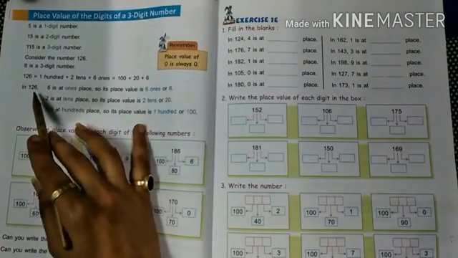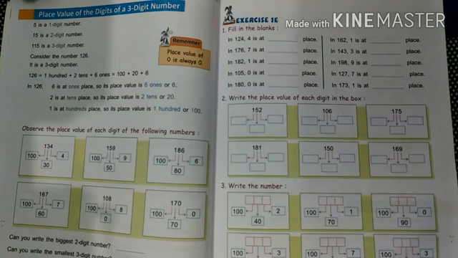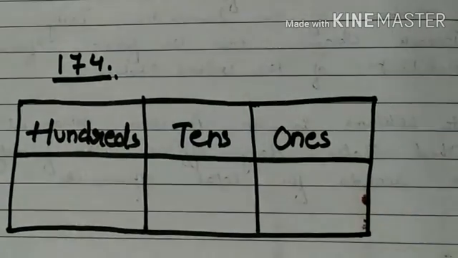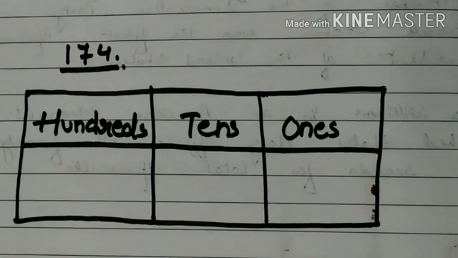In 126, 6 is at ones place, so its place value is 6 ones or 6. 2 is at tens place, so its place value is 2 tens or 20. 1 is at hundreds place, so its place value is 1 hundred or 100. This is the place value chart for the three-digit number.